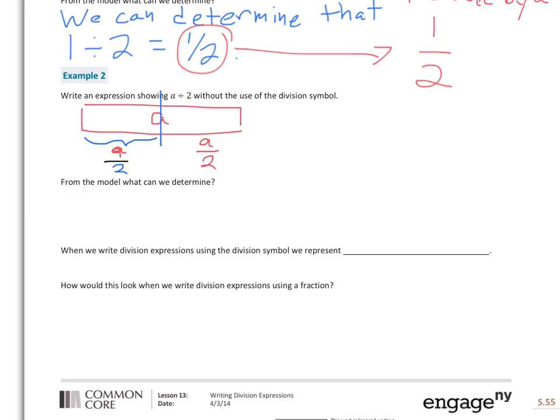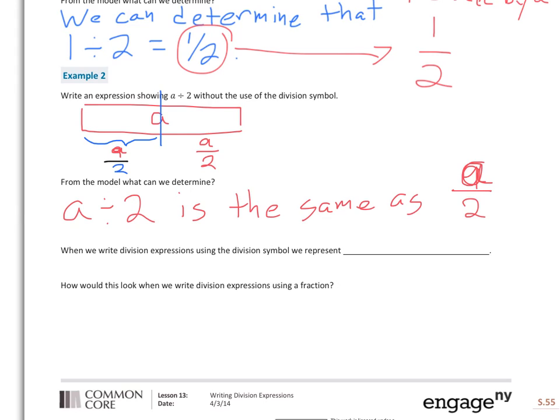We got two of them. So from the model, we can determine that a divided by 2 is the same as a over 2.